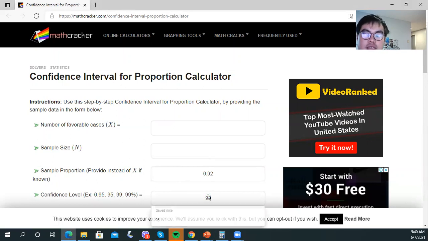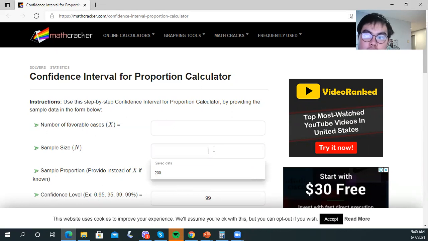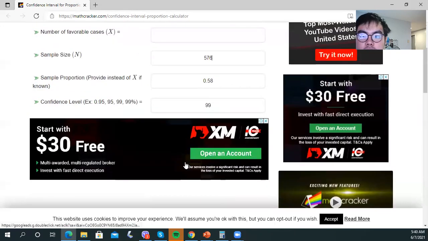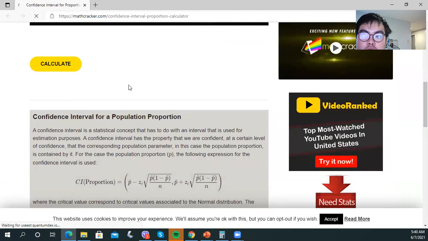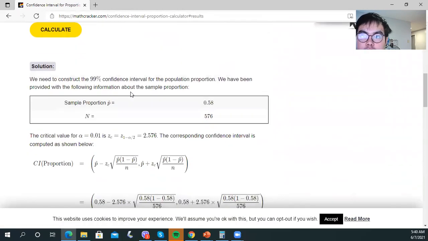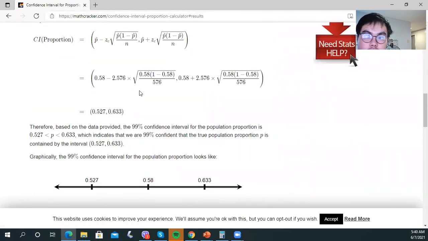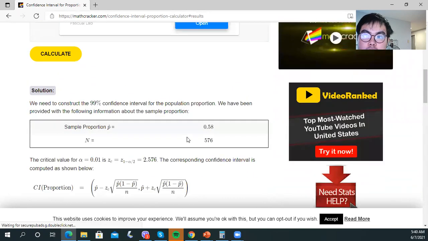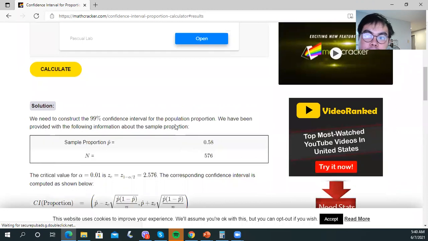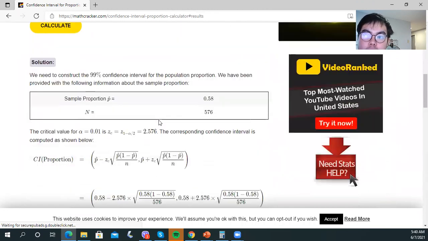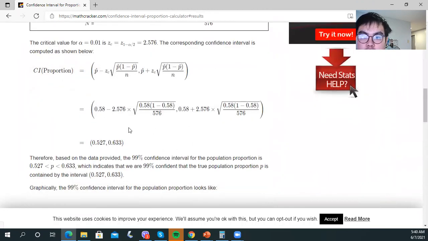The confidence level is 99. Then the population proportion is 0.58 and the sample size is 576. We're going to calculate. Here is the confidence interval for the population proportion.